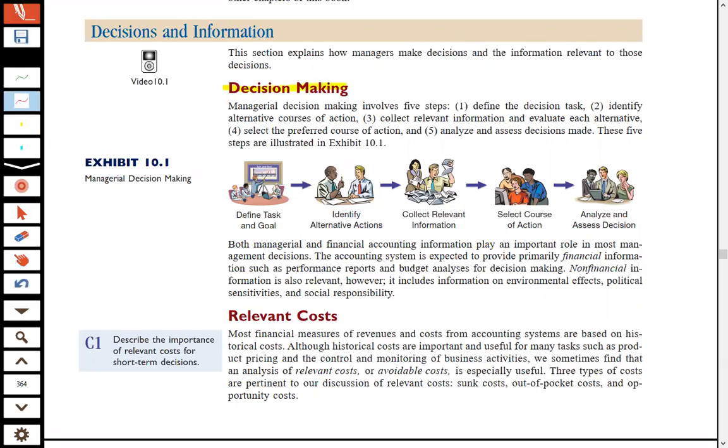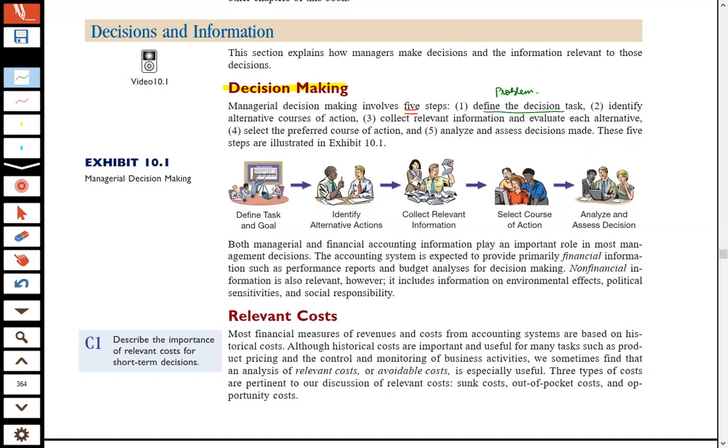What is decision making actually? Managerial decision making involves 5 steps. Define the decision task. It may be called, what is the problem, because the decision problems require some decisions to be taken.